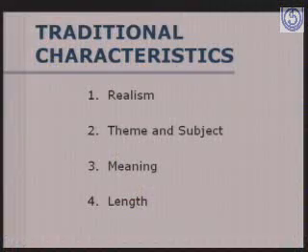I'll give you an example of this. I've already mentioned before that a traditional short story had characteristics like realism, theme and subject. Realism meant that fiction writers of the 19th century tried to portray the world as realistically as possible.